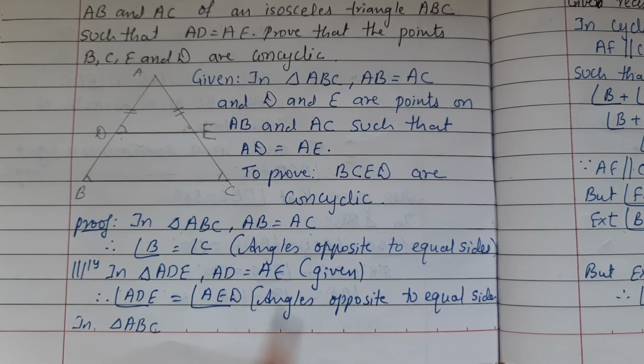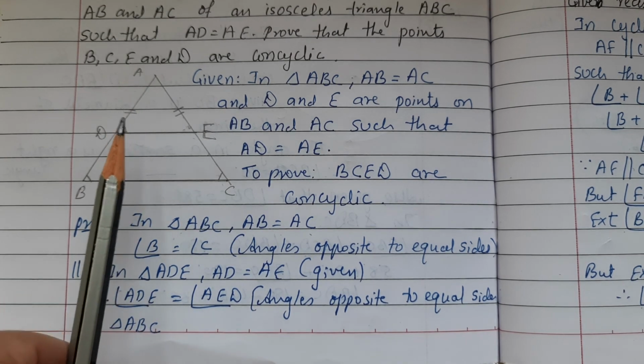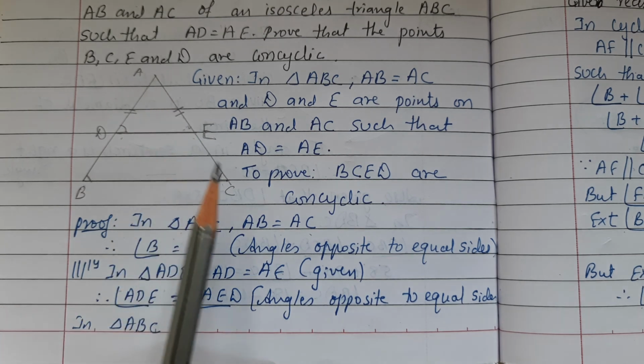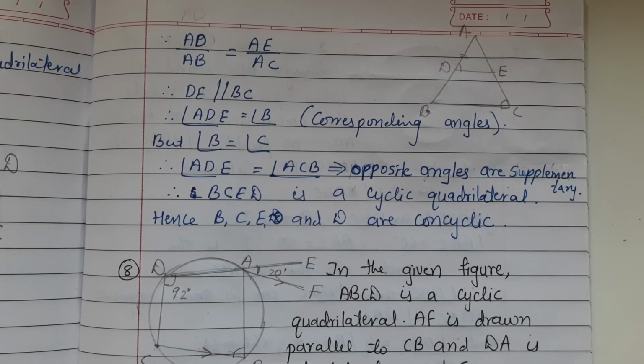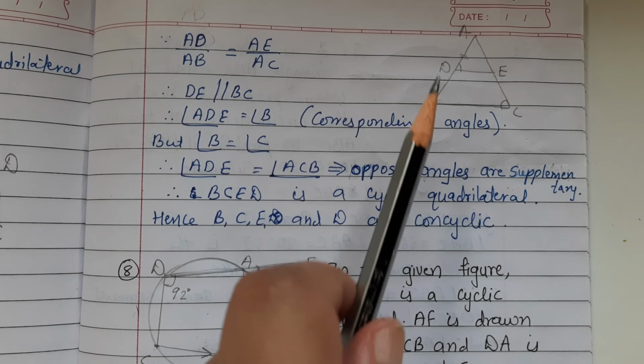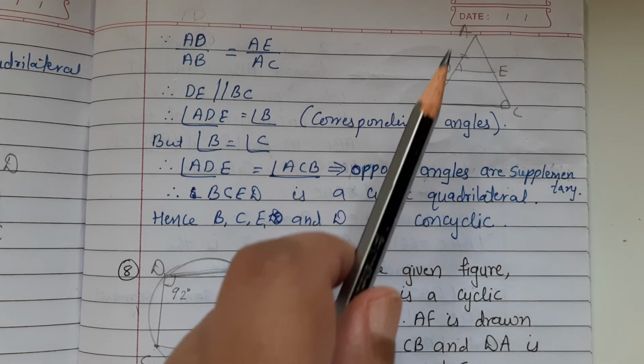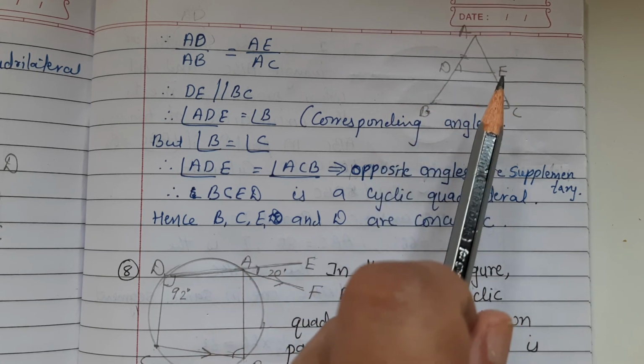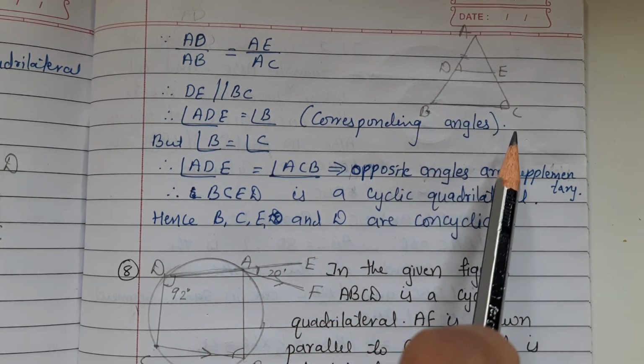In triangle ABC, AD upon AB is equal to AE upon AC. Therefore, DE is parallel to BC.